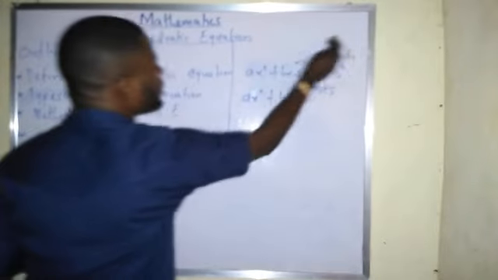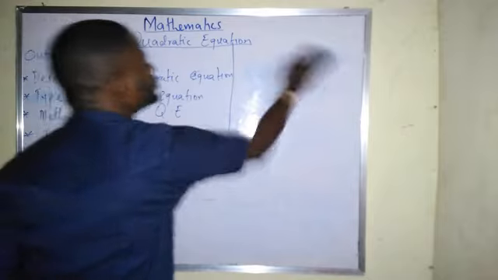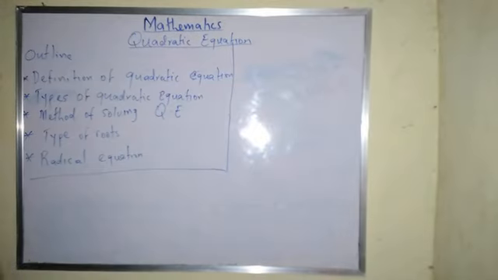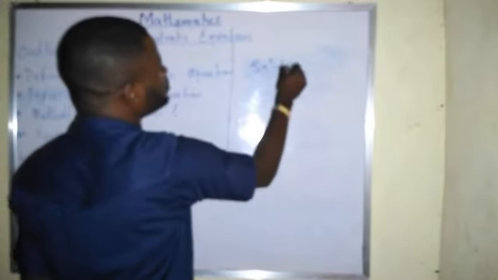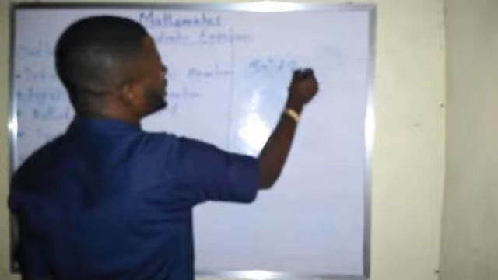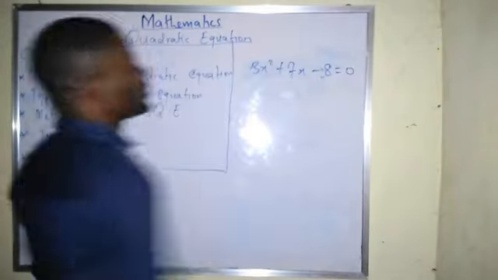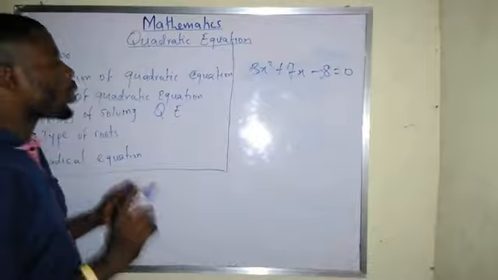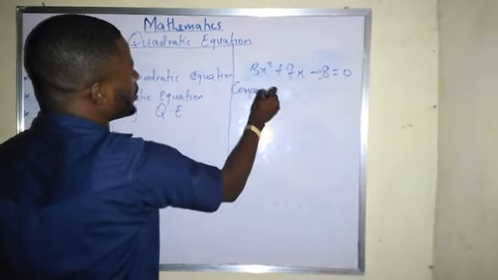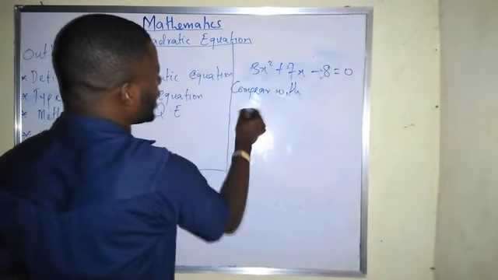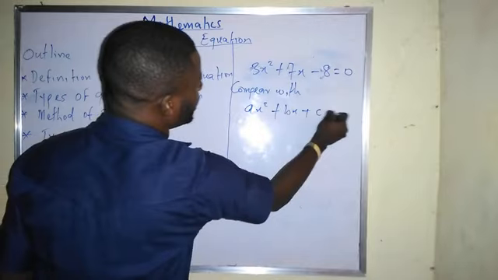Before we go further, we must learn to compare any quadratic given to us. For instance, if I have 3x squared plus 7x minus 8 equals 0, I must be able to compare this very well with ax squared plus bx plus c equals 0.